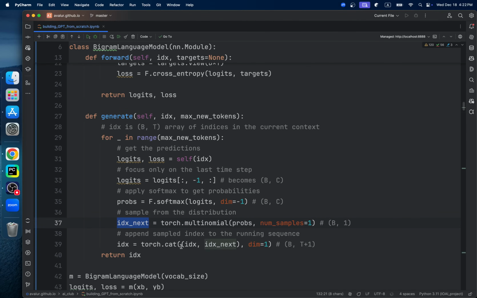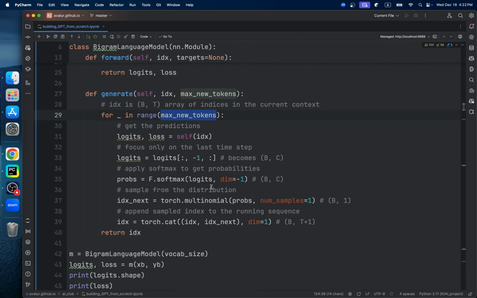So we simply concatenate, adding the new index to the output, and return this output. To repeat this loop, for range max new tokens, we generate them character by character, based on the previous one we generate the next one.